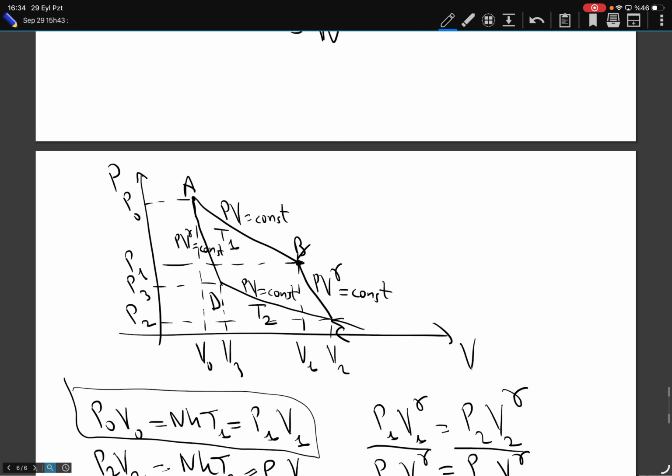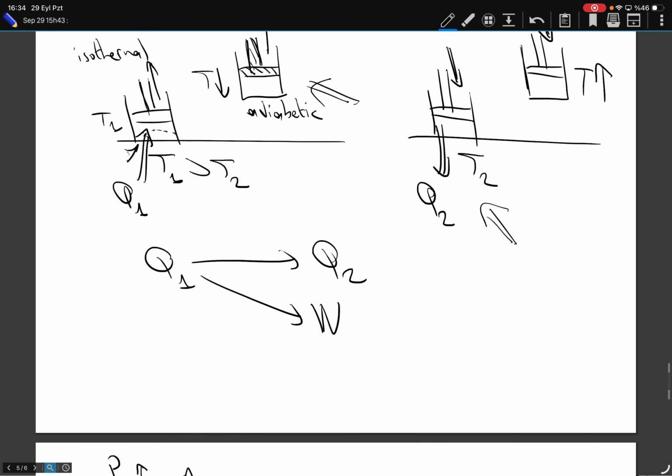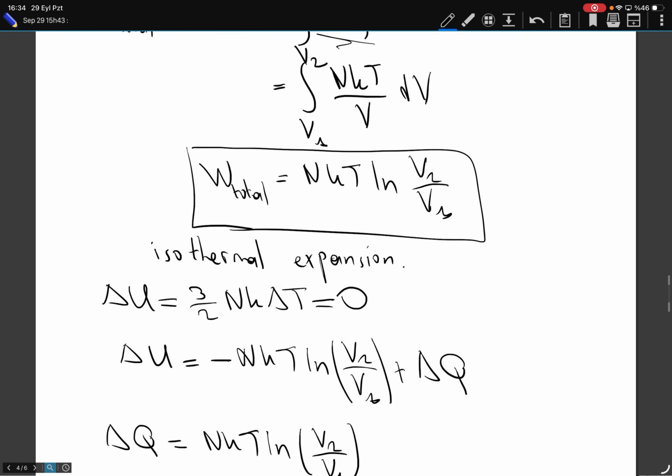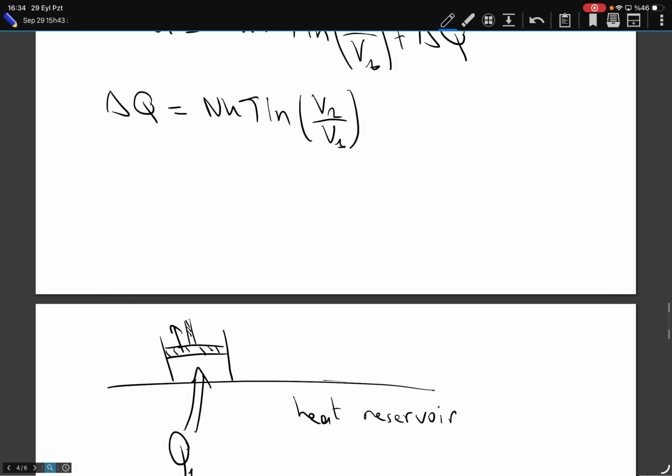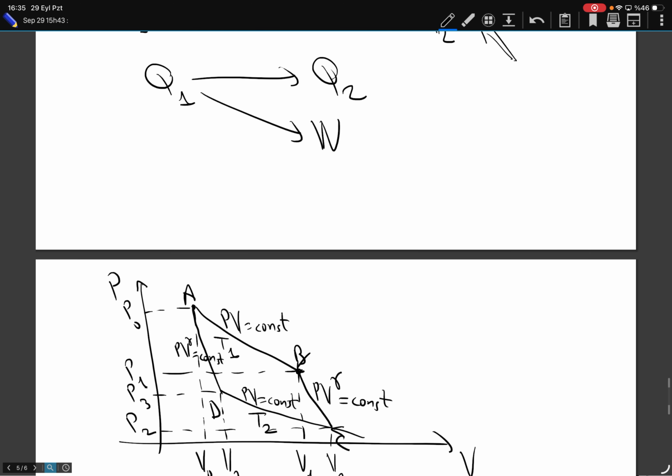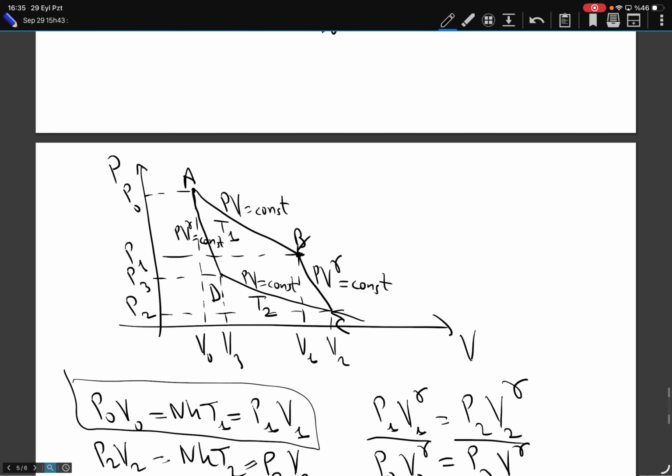Now, these are all isothermal and adiabatic processes. We had already seen how to calculate the work done by the system, the heat taken or given to the system during an isothermal process. You can basically study it in all of these processes.